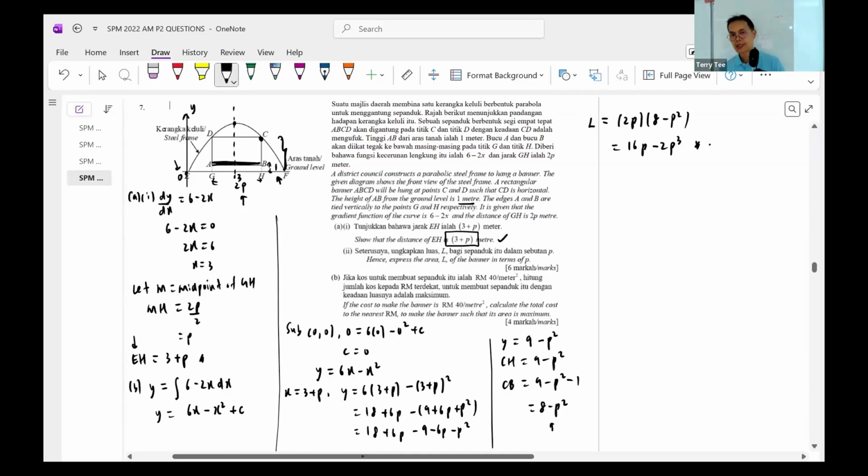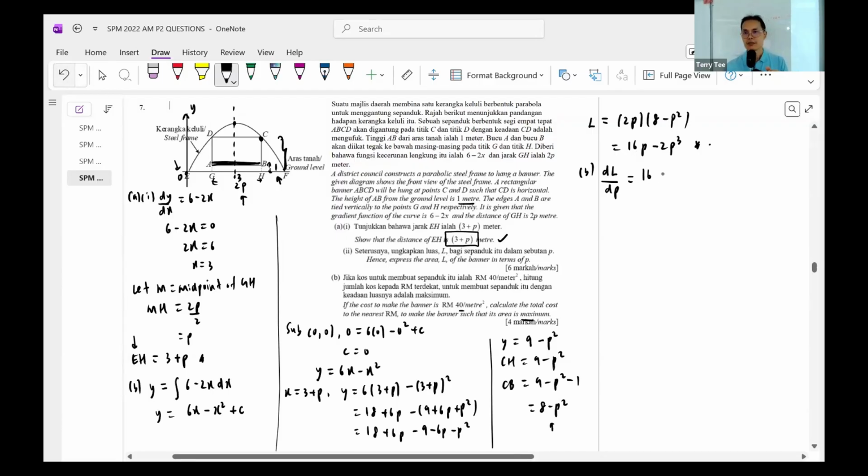Okay. Now, next, part B. If the cost to make the banner is 40 ringgit per square meter, calculate the total cost if the area is maximum. Okay, so we got to differentiate to find the maximum value. dL/dp. Differentiate 16p, you get 16.